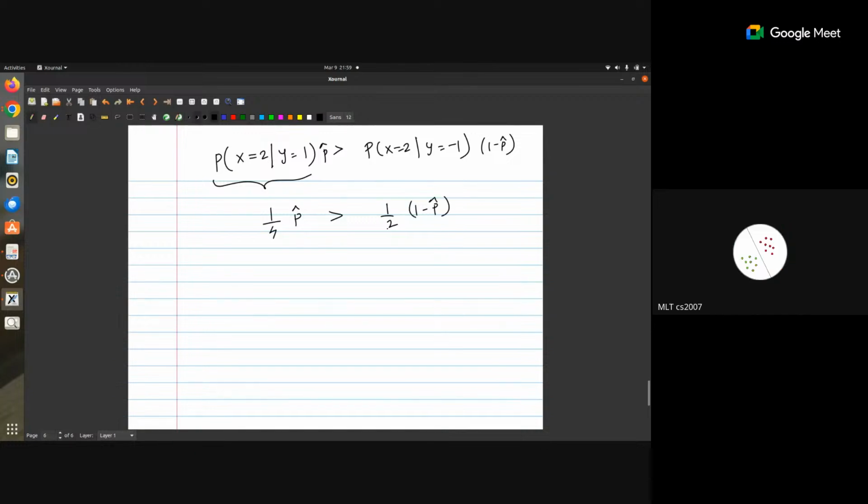So if I use this, p hat by 4 is greater than 1 by 2 minus p hat by 2. Let's move it to this side, so p hat by 4 plus p hat by 2 is greater than 1 by 2.